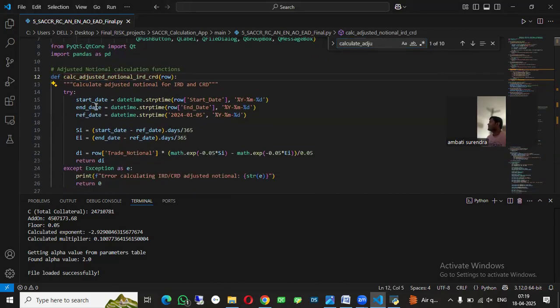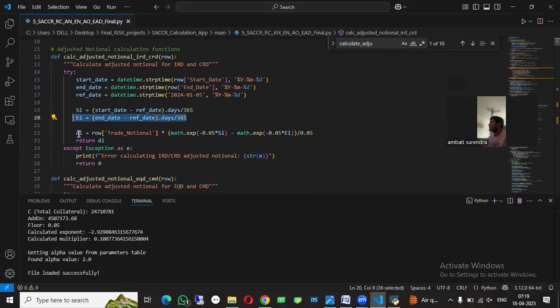See, this is what I was referring to, where it has some discounted formulas based on start and end dates. So this is the formula I used for the start date, and this is the formula I used for the end date. And finally, I calculated discounted interest using this formula.